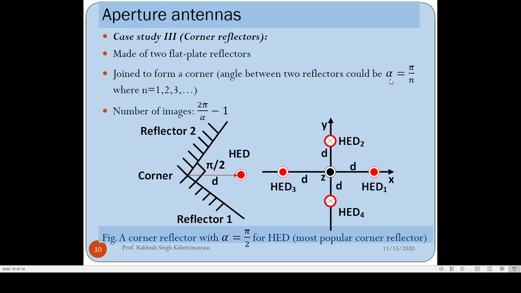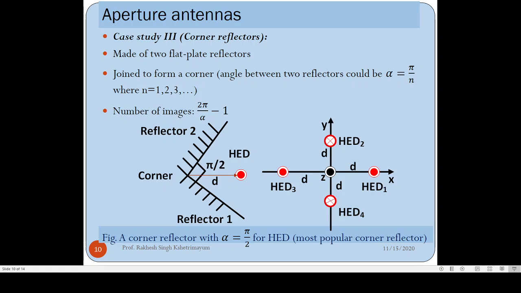So alpha can take values of pi by n, where n is going from 1 to 3. Alpha can take any value, but it's easier for the analysis when alpha takes the value of pi by n, where n is a natural number, a counting number. In that case, we can apply the method of images and analyze this kind of corner reflector easily.